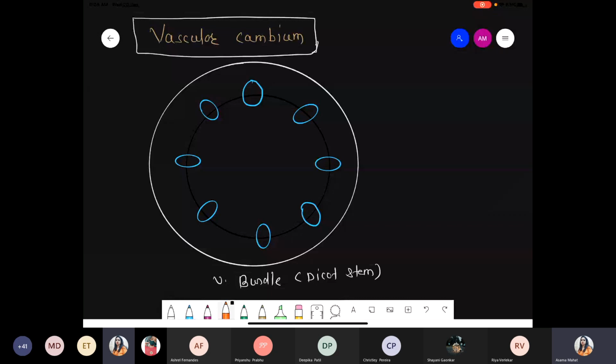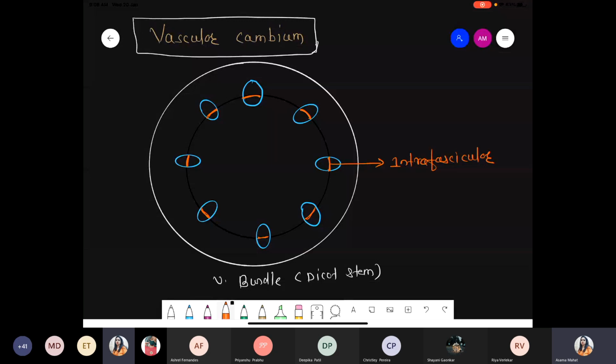Inside the vascular bundle, now we are talking about the dicots. Obviously, when we are using the word dicot, cambium is present between the xylem and the phloem. What does this represent? We are talking about this orange color. Nothing but these are called the intrafascicular cambium. Remember, it is a part of the primary lateral meristem.